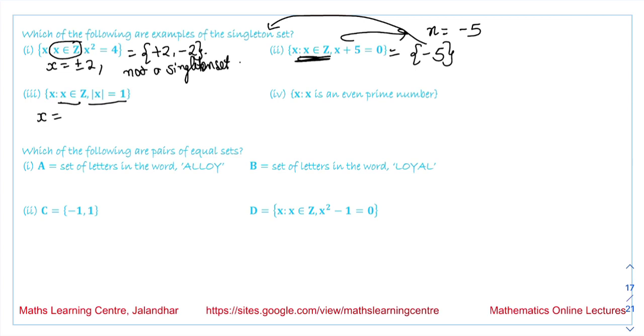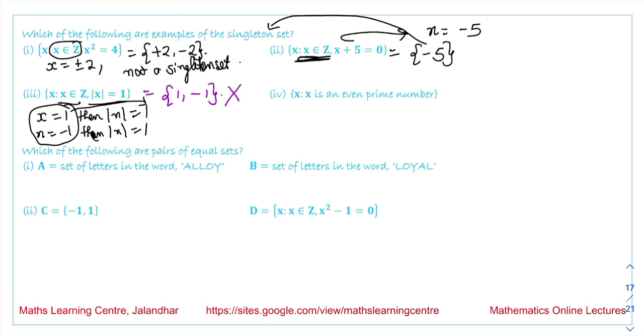If x is equal to 1, then mod of x is equal to 1. If x is equal to minus 1, even then mod of x is equal to 1. Whatever value of x is there, when we take the mod, it will make it a positive number. So how many elements does this set have? It has two elements, 1 and minus 1. So this is not a singleton set.